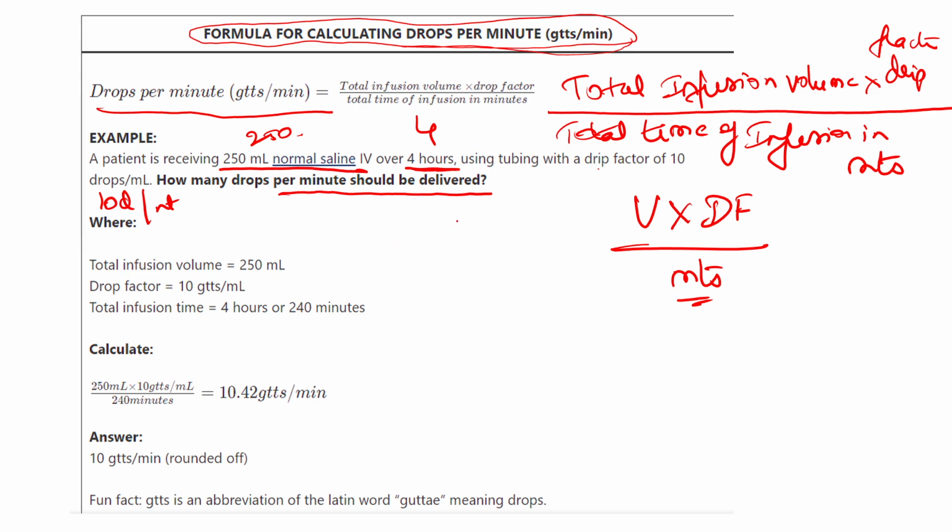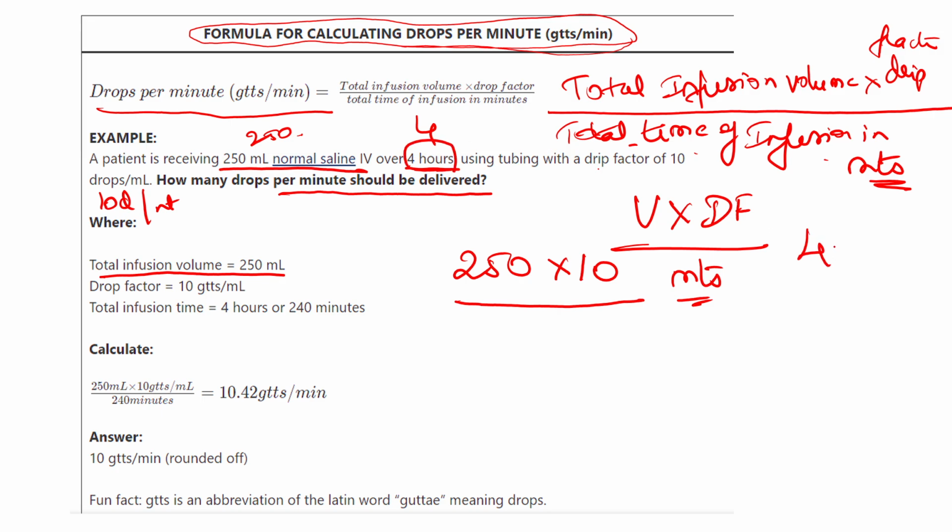The total infusion volume is 250 ml, and the drip factor is 10. The time must be in minutes, but we have 4 hours. So 4 into 60 gives us 240.